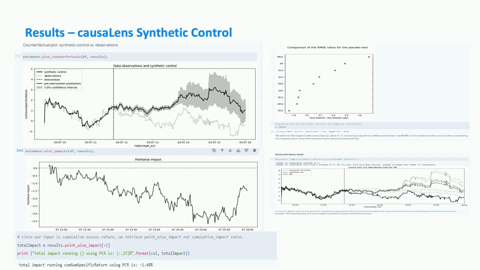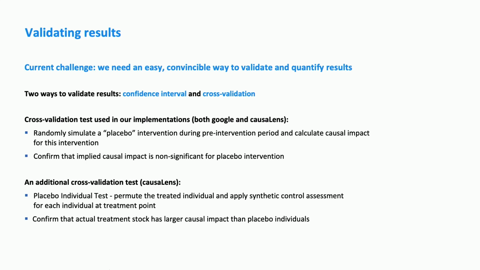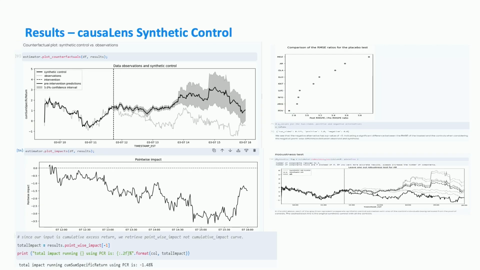Another test is something called a robustness check. A robustness check tests, okay, what if I change my control group a little bit? I take one member out of the control group, one at a time, and see if I still get the same counterfactual time series. And again, CausalLens has a built-in robustness test right here on the lower right corner.